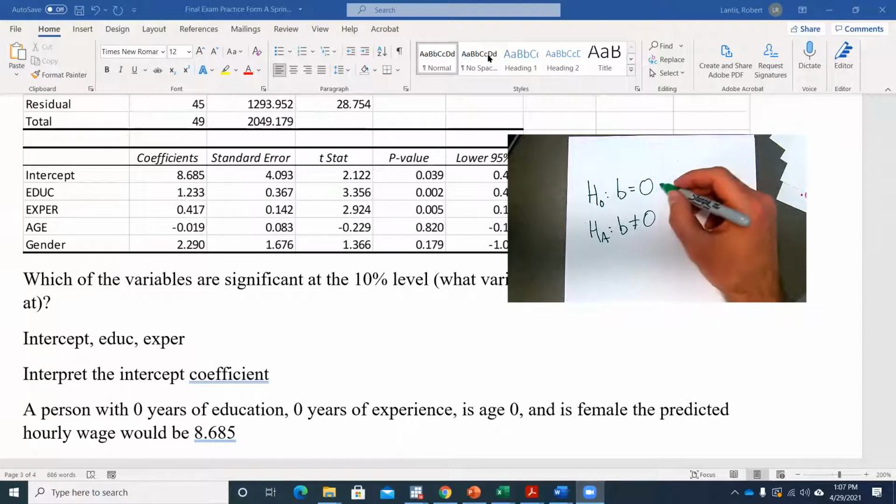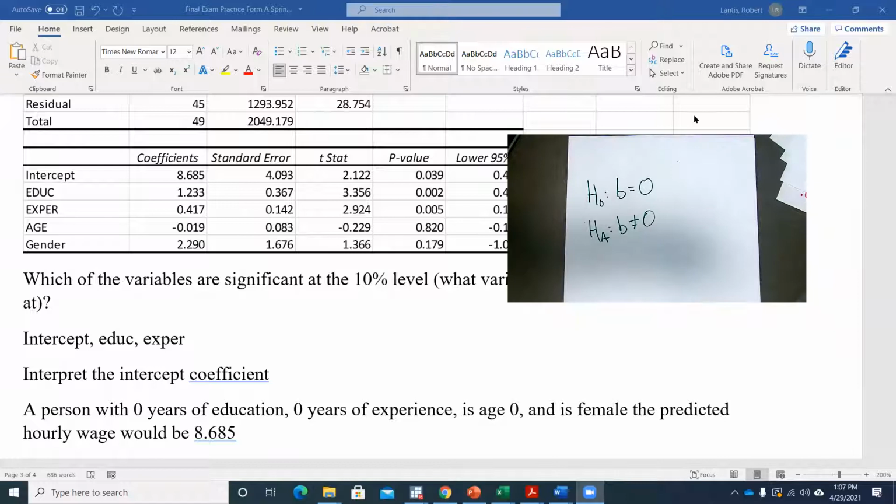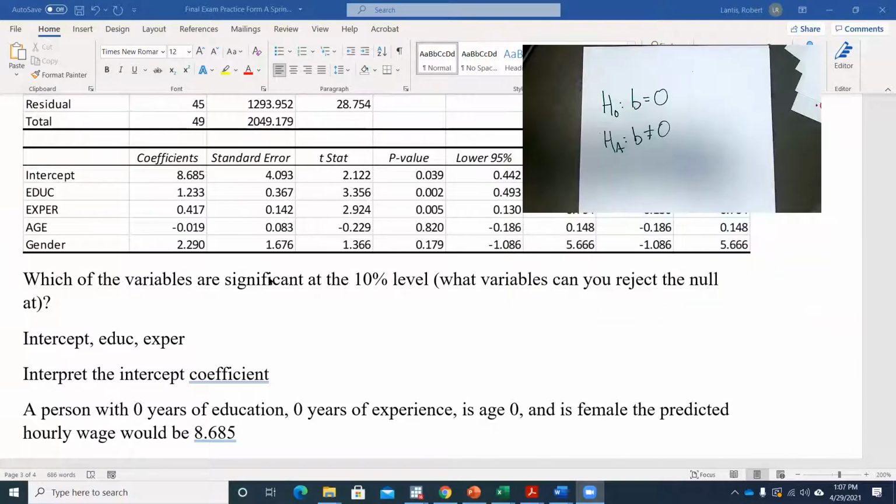If I can reject this null, I'm saying I can reject that the relationship is 0 between that x variable and the y variable, because if the relationship was 0, they're not correlated at all. So anytime I reject the null, I'm saying there's a significant relationship between that x variable and the y variable, which is why for education and experience I can reject this null.